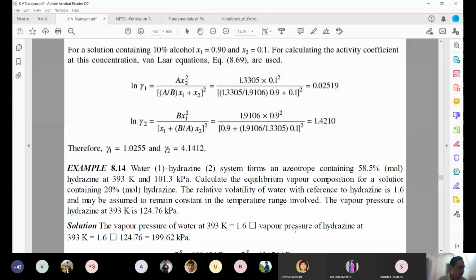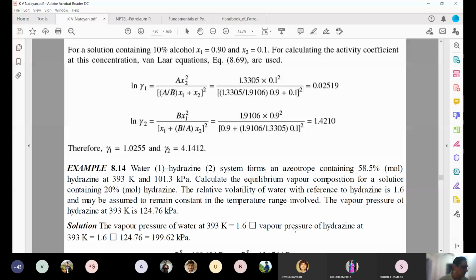Okay, so this is the problem. We have to find the vapor composition in equilibrium with the solution containing 20 mole percent hydrazine. Actually, we first need to find gamma 1 and gamma 2. Then from the Lahr equation, find A and B again.